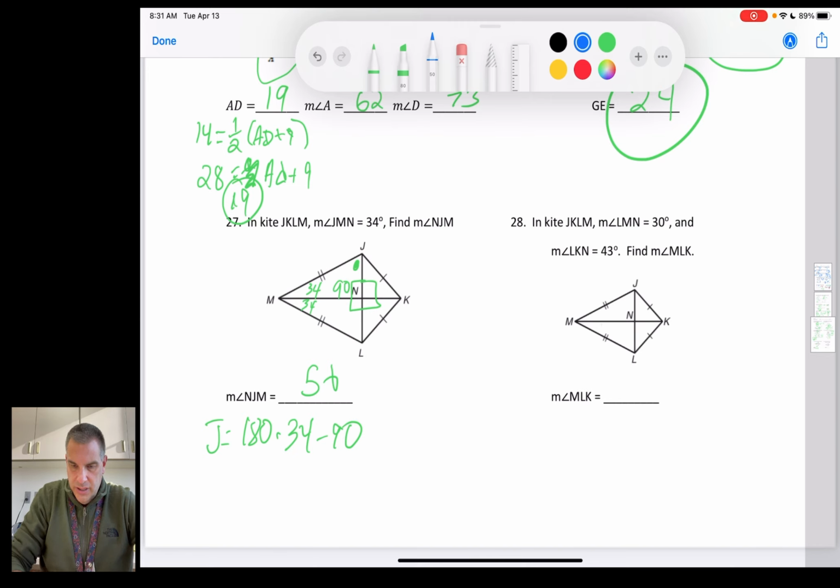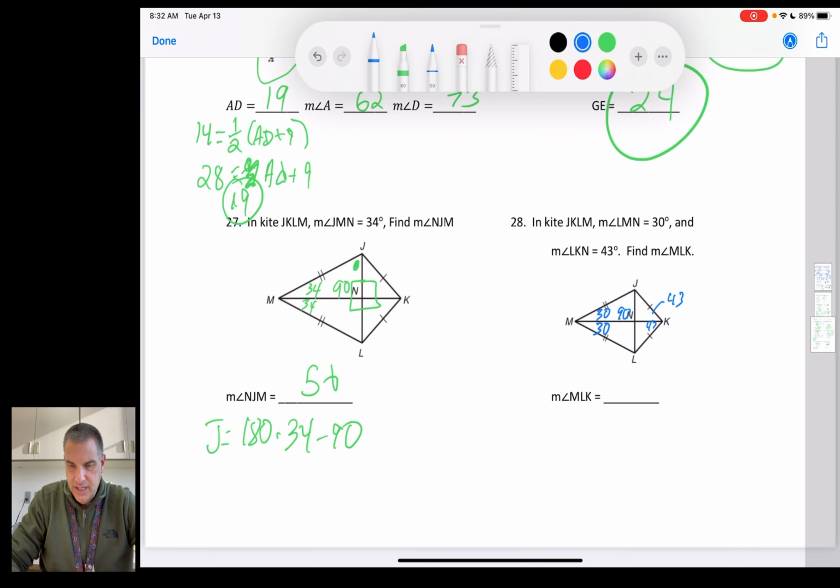LMN is 30. Makes that 30, and remember we know that's 90. It tells us that LKN is 43. So that makes that one right there 43.